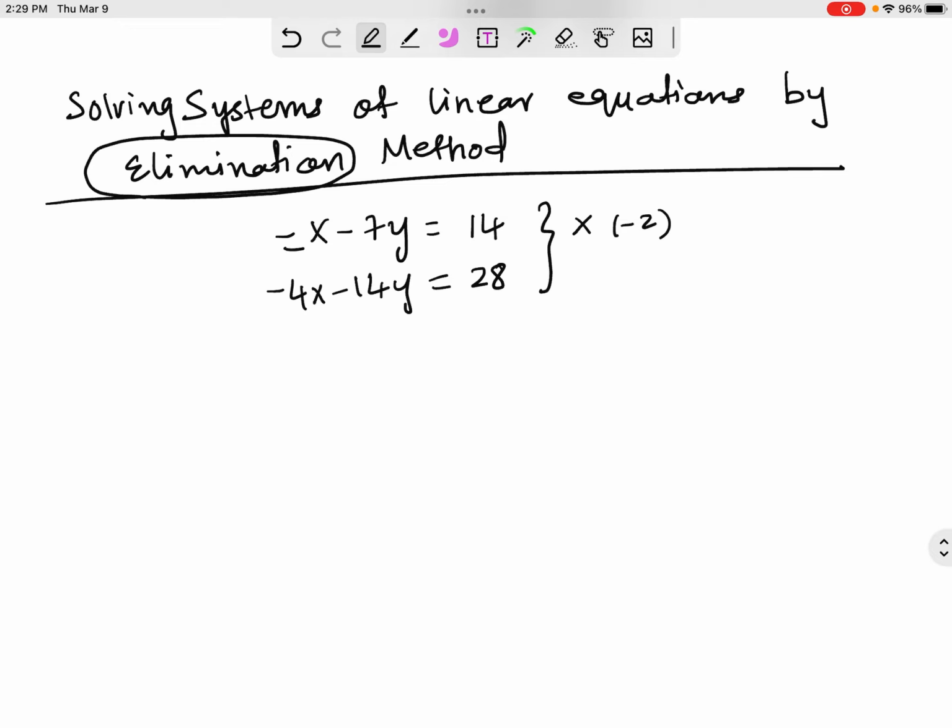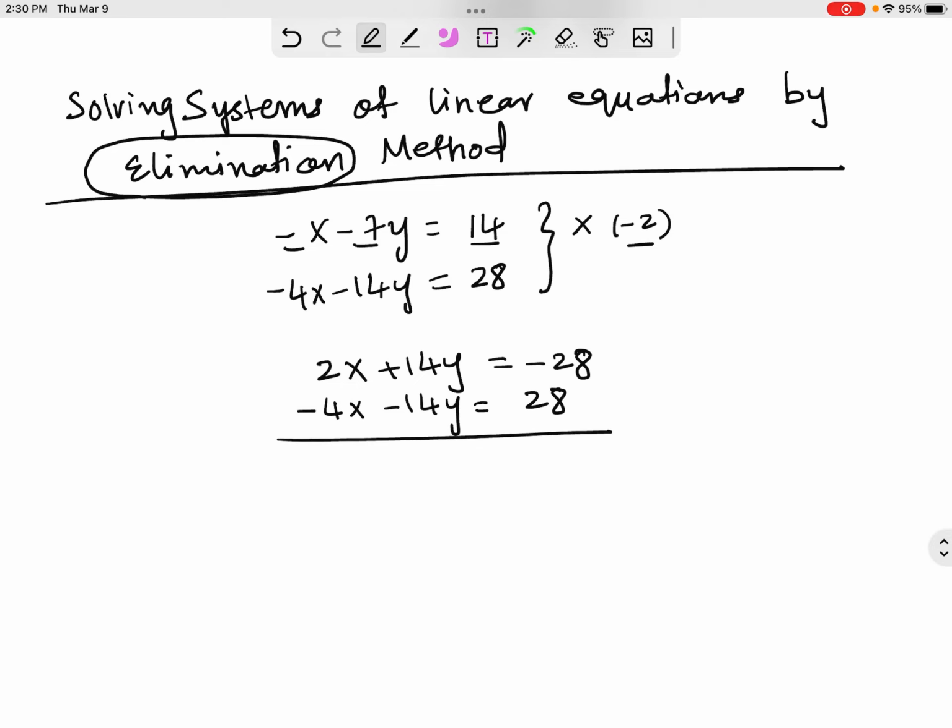So -x times -2, that will give you 2x. -7 times -2, that's +14y, equals 14 times -2, that is -28. And then the second equation we'll just keep as it is, which is -4x minus 14y equals 28.